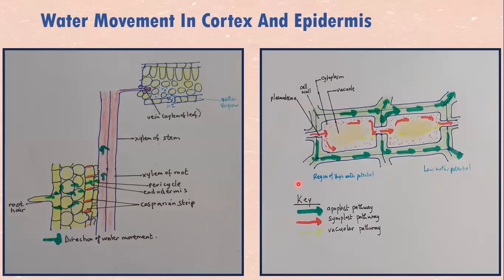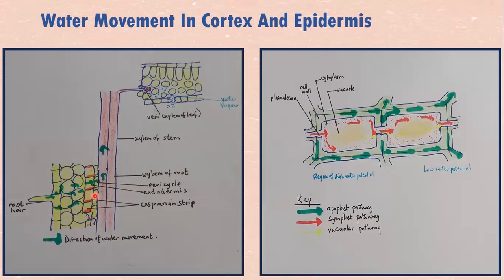But want to note that when the water gets to the endodermis, the water does not pass through the apoplast pathway, it is restricted. The water is moved only through the symplast and also vacuolar, which is a little pathway. So endodermis, because of the Casparian strip, you see, will not allow water to go through the apoplast pathway.